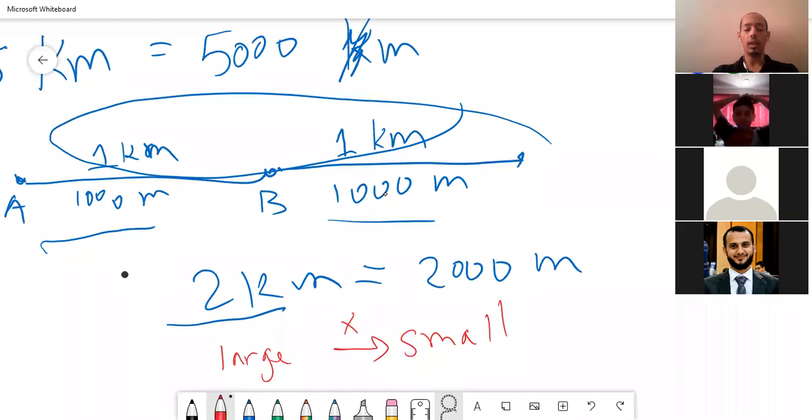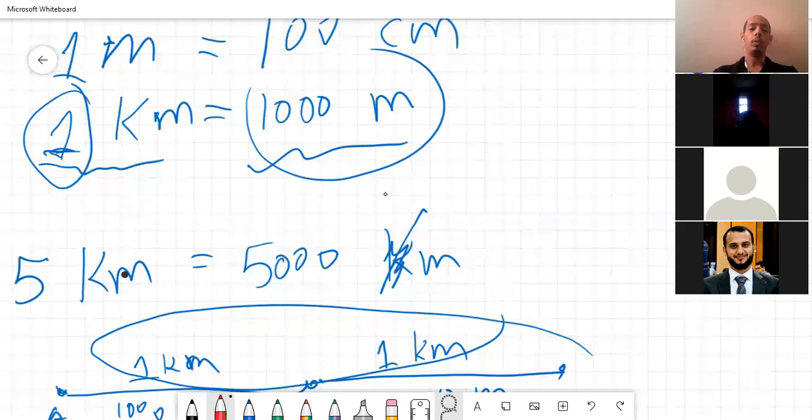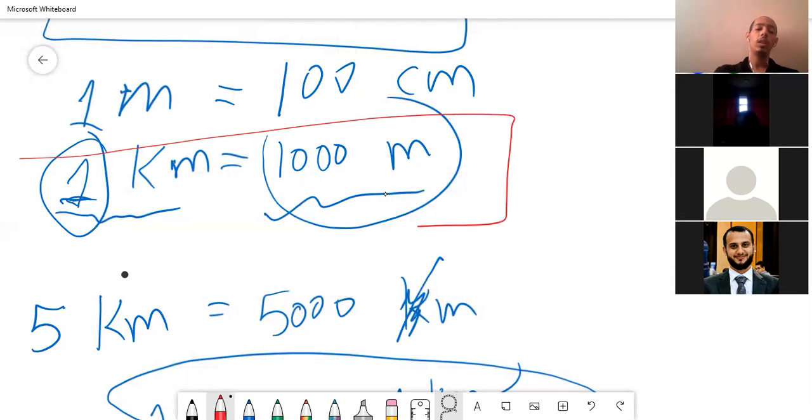In this case, we change from kilometer, which is the large unit, to the smaller unit, which is meter. So we multiply the 2 by 1,000. Why? Because 1 kilometer equals 1,000 meters.